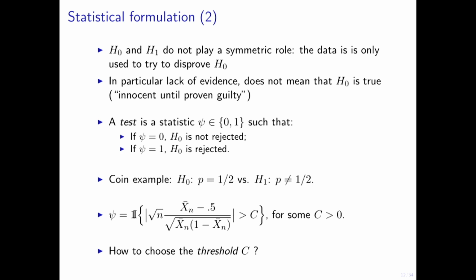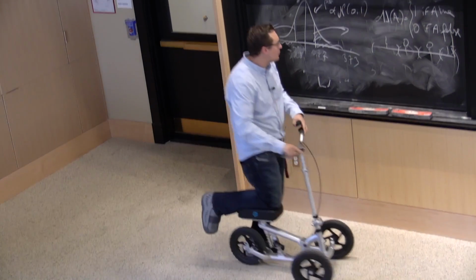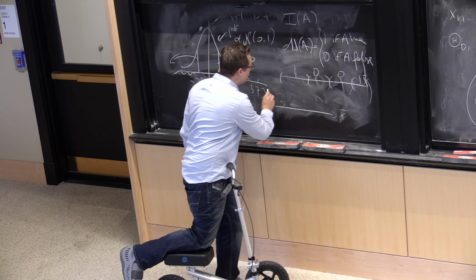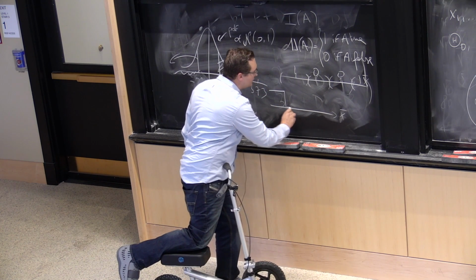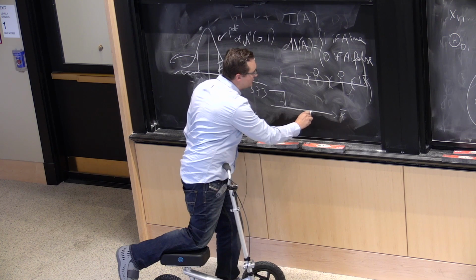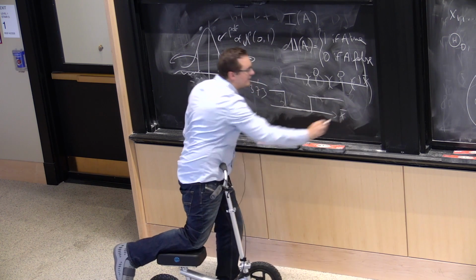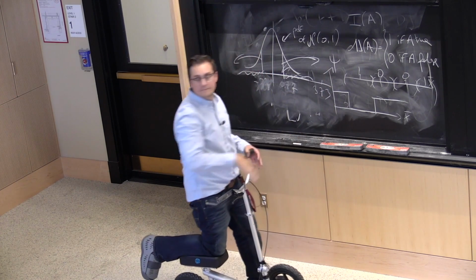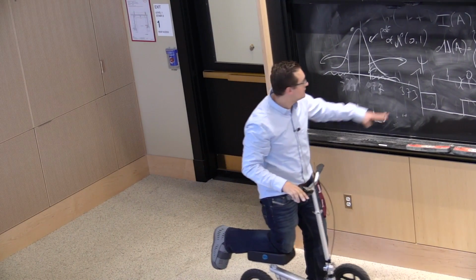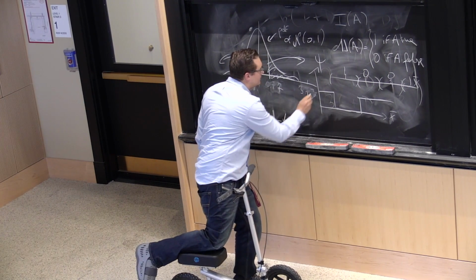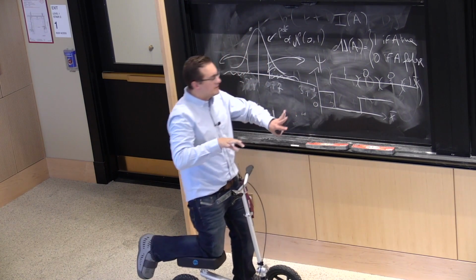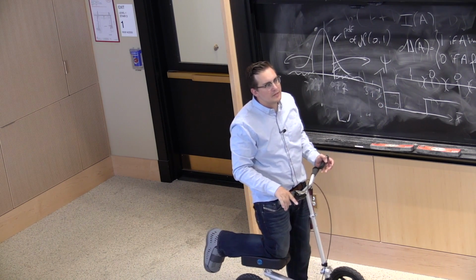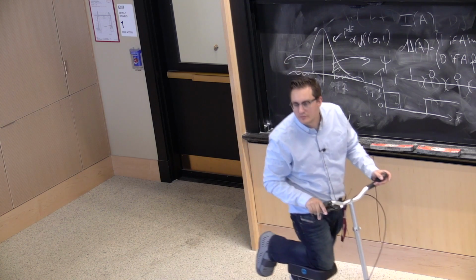That would be exactly something that looks like this. The function would be 1 if it's smaller than some value, 0 if it's in between 2 values, and then 1 again. So that's psi. So if x bar is too small or too large, I'm getting a value 1. But if it's somewhere in between, I'm getting a value 0.